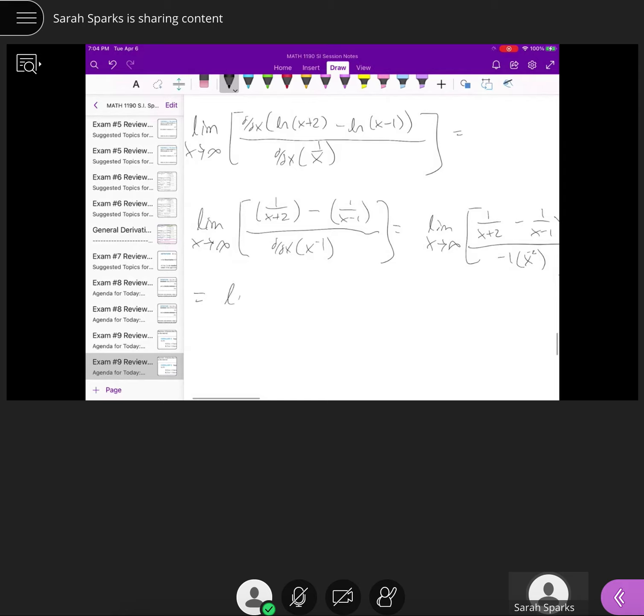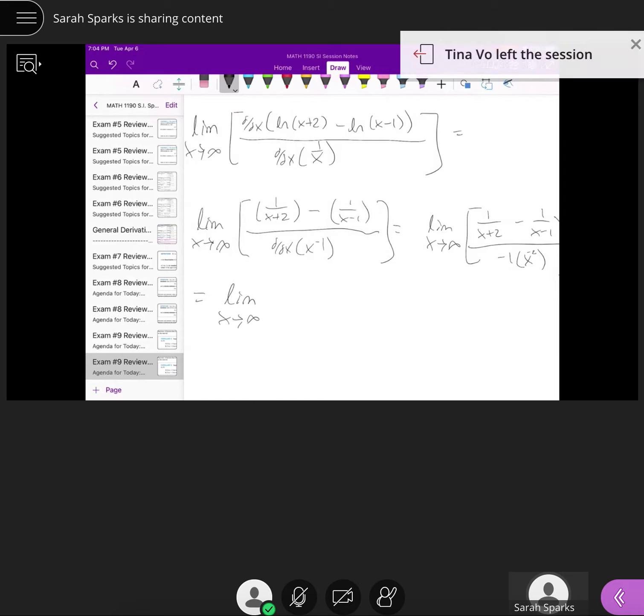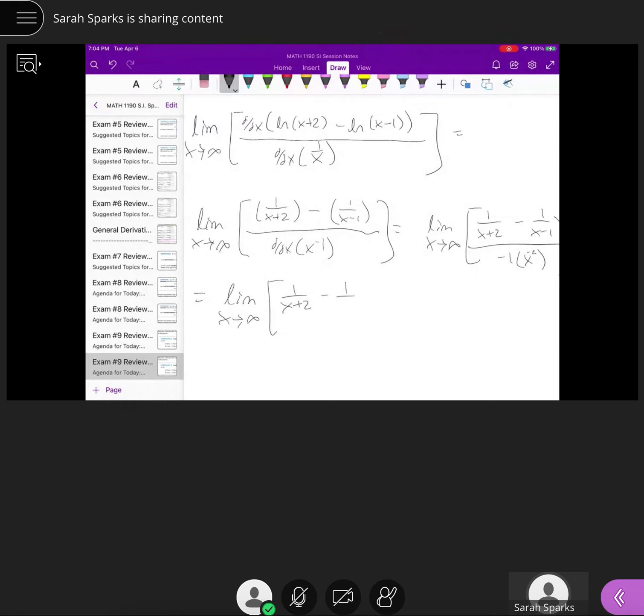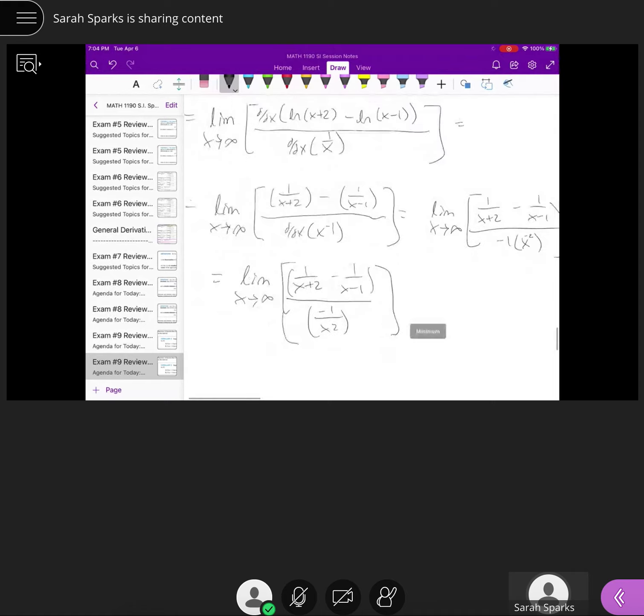So doing one last step of simplification, we are going to get 1 over x plus 2 minus 1 over x minus 1, over negative 1 over x squared. Whew. All right.